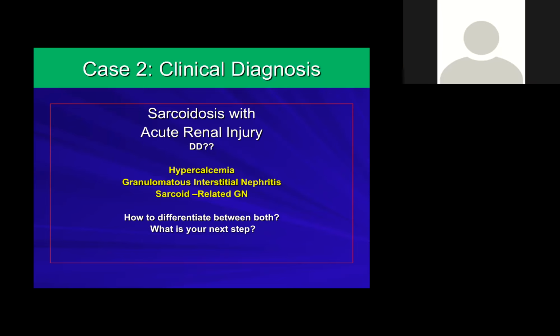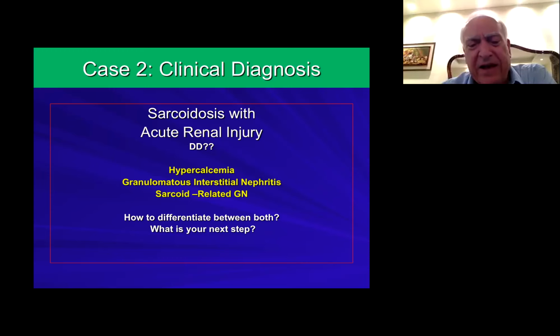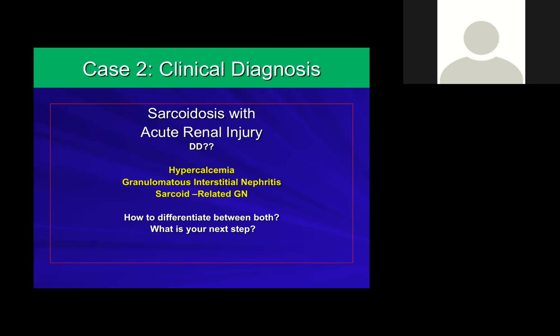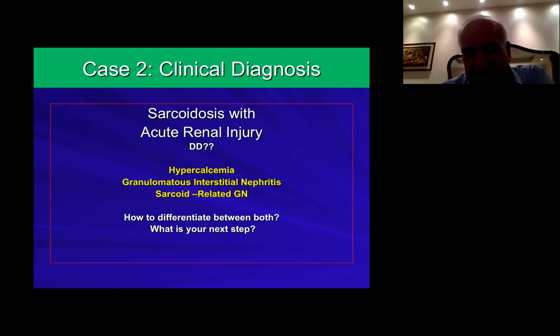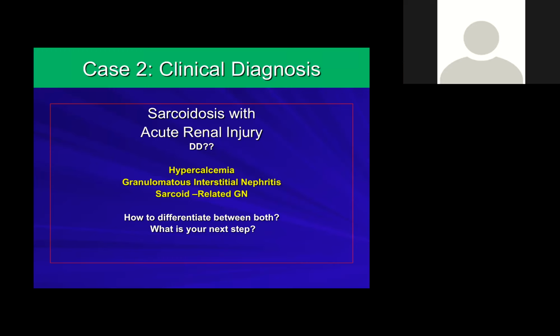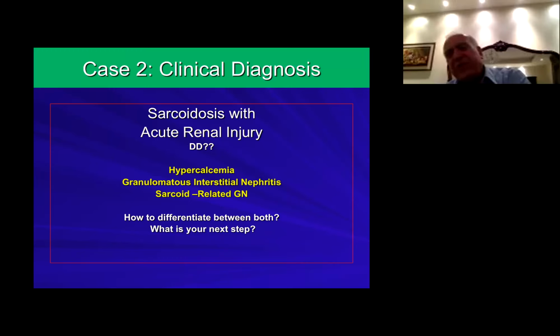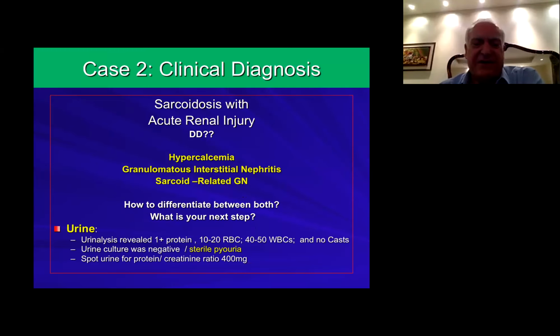The serum calcium level is not so high in this patient, so we are excluding that now. We are in need of a pathology diagnosis to confirm whether it is GN-related or a tubulointerstitial process. Well, we look at the urine analysis, just simple urine analysis. We have a benign-looking urine sediment apart from the white cells.